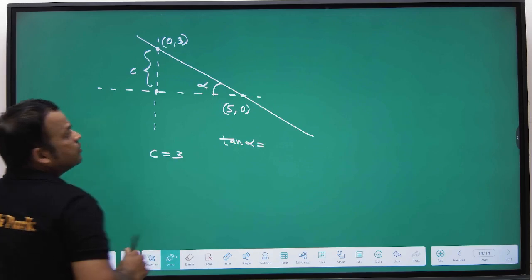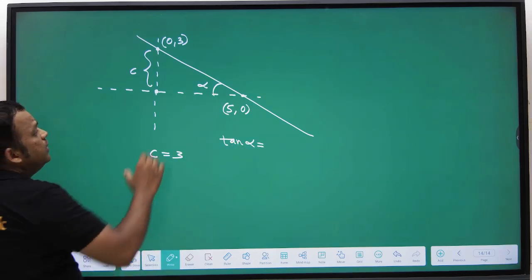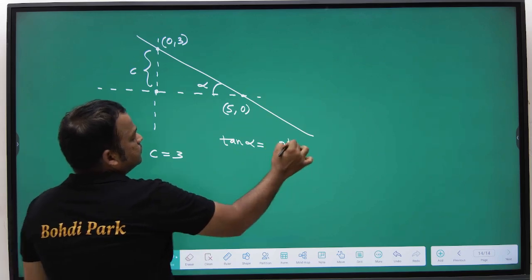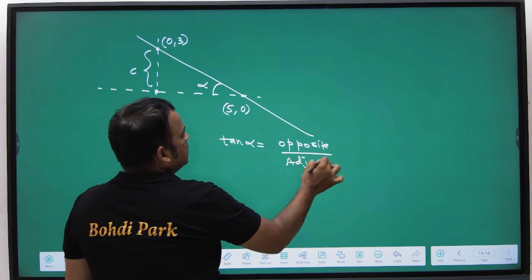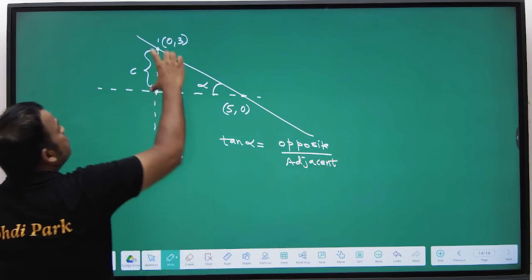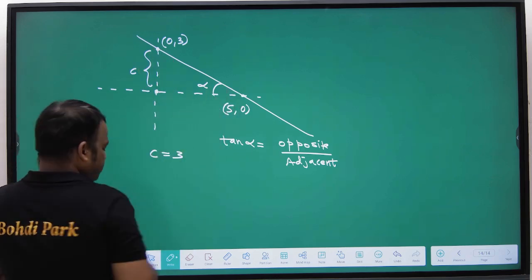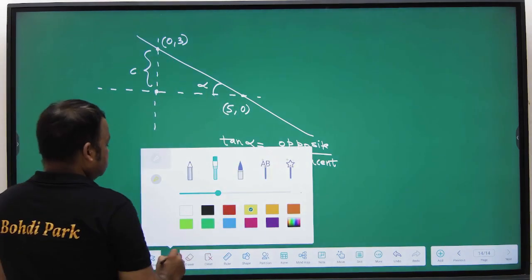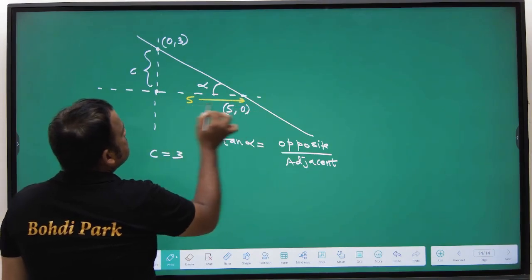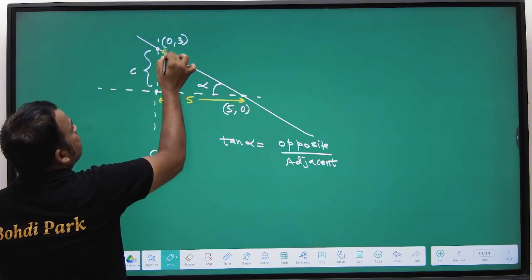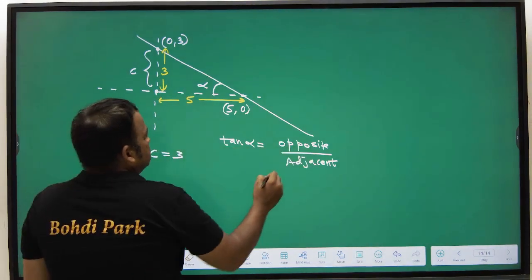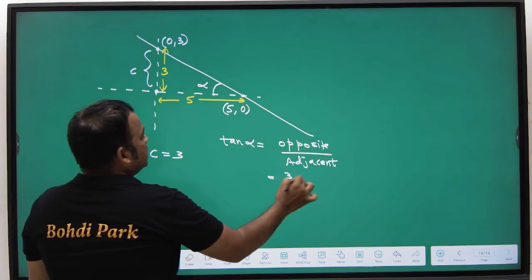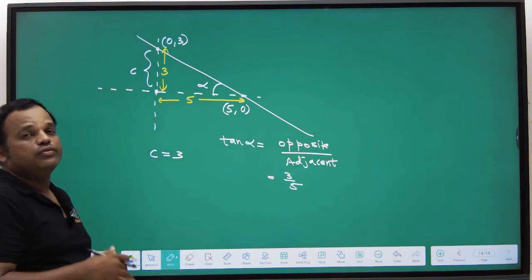So tan alpha is equal to opposite by adjacent. So this is opposite. Opposite is 3, adjacent is 5. So tan alpha is equal to 3 by 5, but we have to find slope.